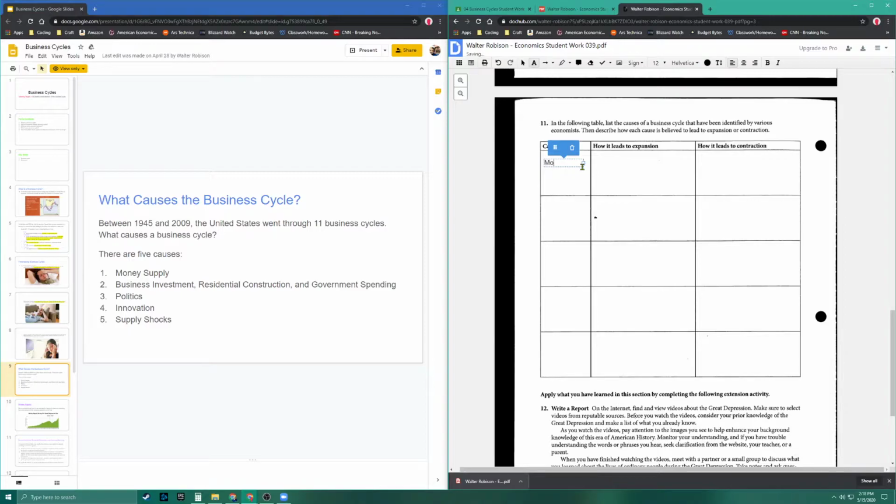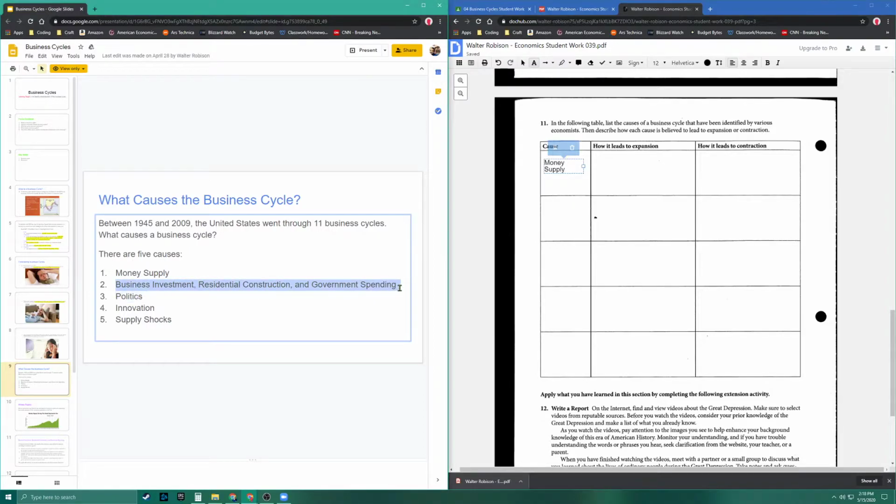So we've got money supply. We have business spending. Might want to make that a little bit smaller though. We have politics. We have innovation.